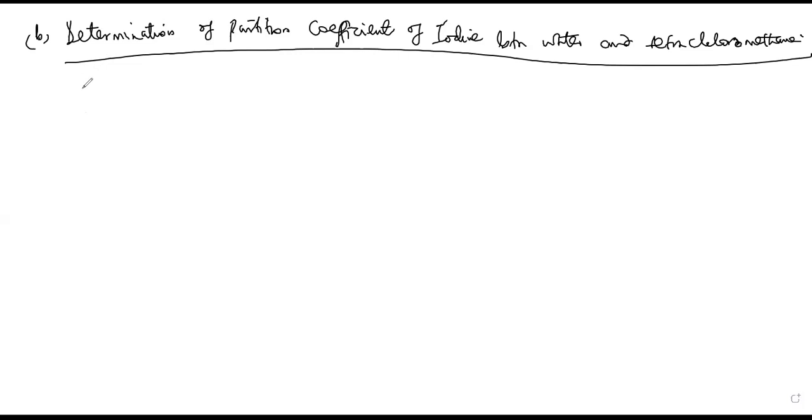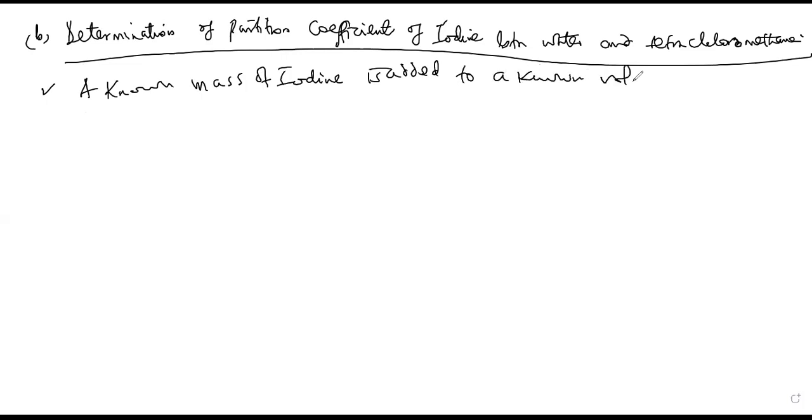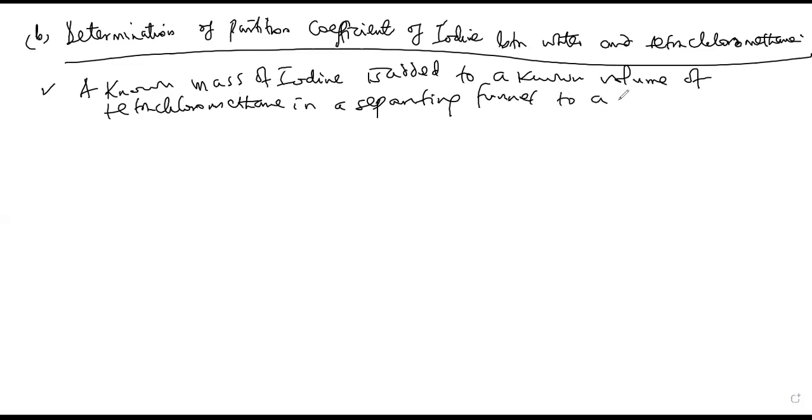So let me summarize these steps. Still, we shall say that a known mass of iodine is added to a known volume of tetrachloromethane in a separating funnel to make a solution.